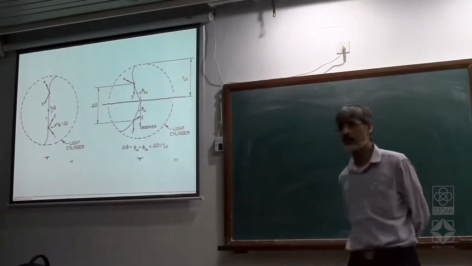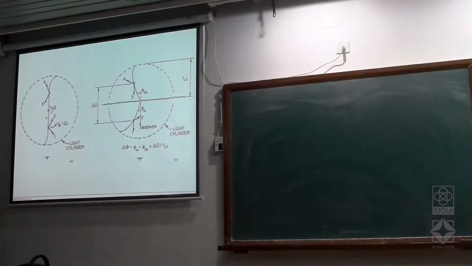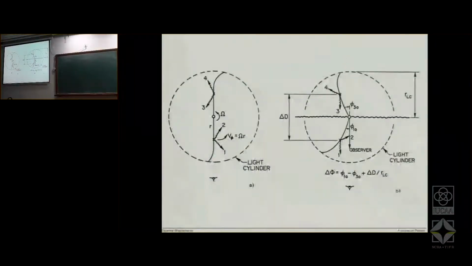So there are certain effects which one needs to keep in mind. One is that you have a certain field line, but as you approach the light cylinder, now we are talking about emission along the gap which is going all the way up to the light cylinder. So as you approach the light cylinder, there is a sweep back of the field lines.